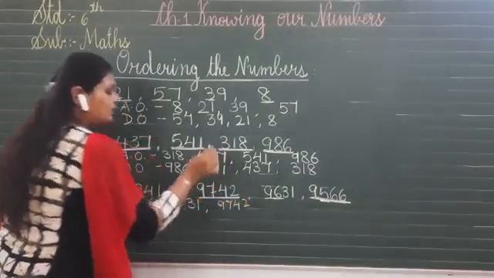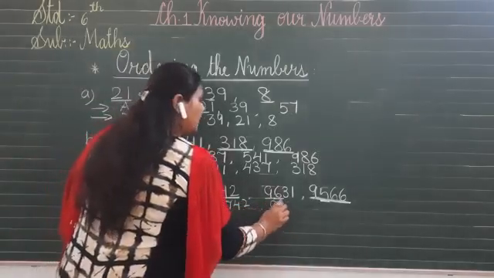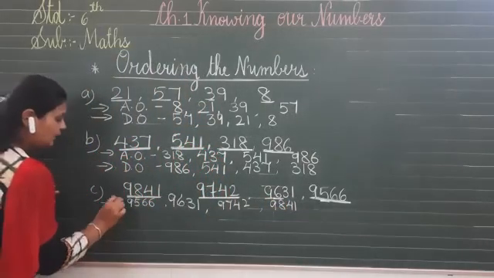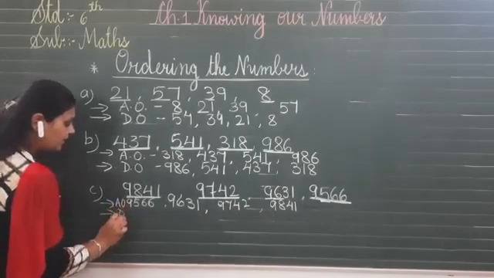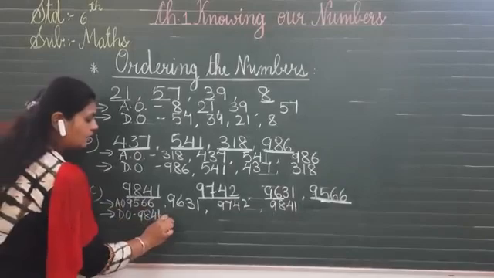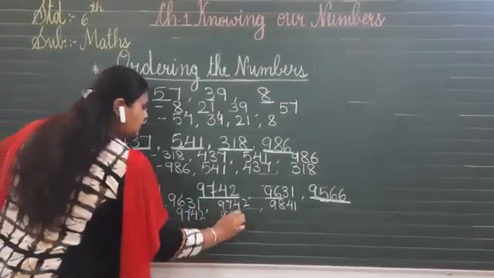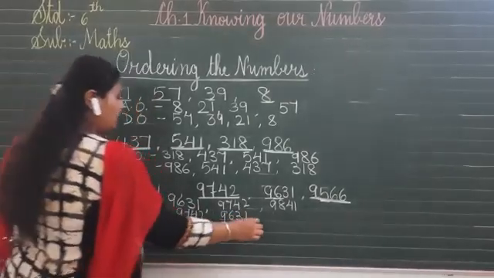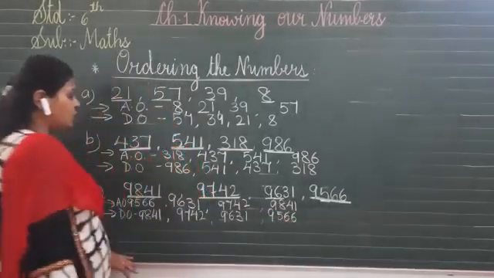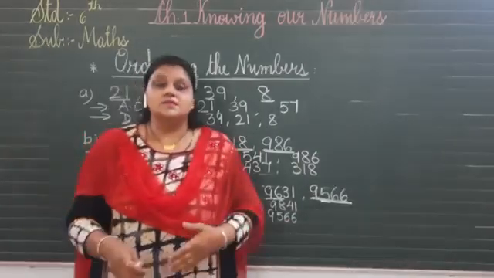So we will note down that number, and at last the remaining one, 9841. Same way, in descending order, we will write the greater number first: 9841, 9742, 9631 and 9566. So this is how we have to order the given numbers.